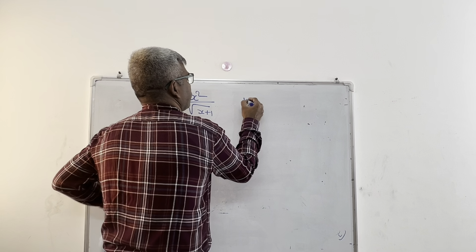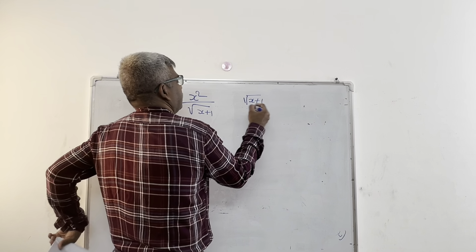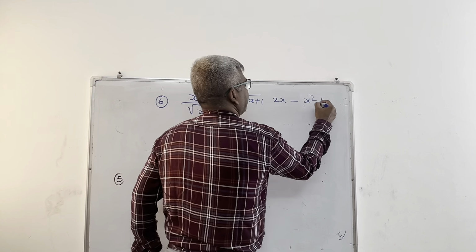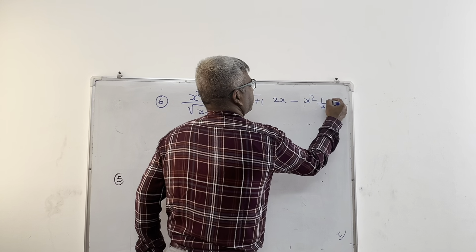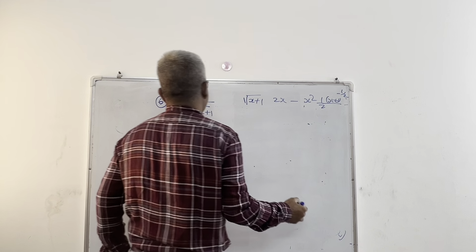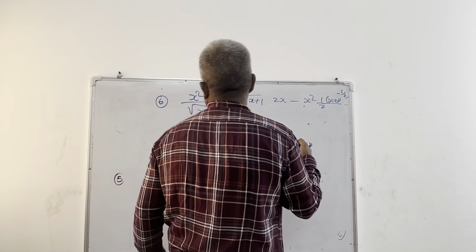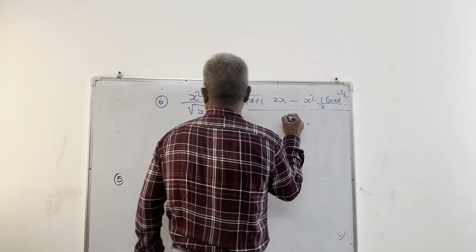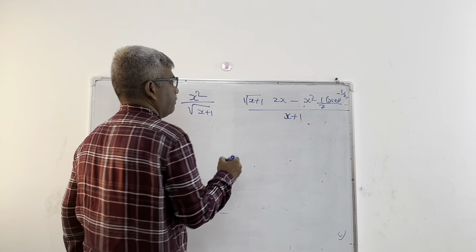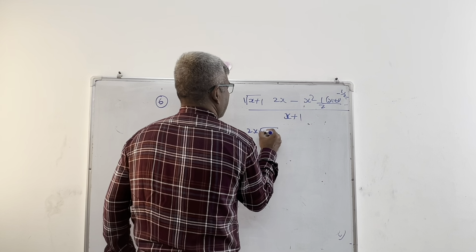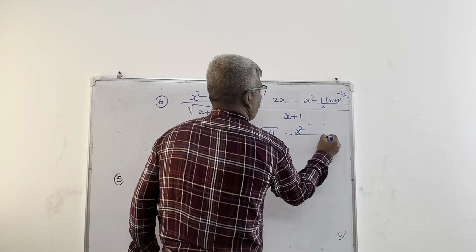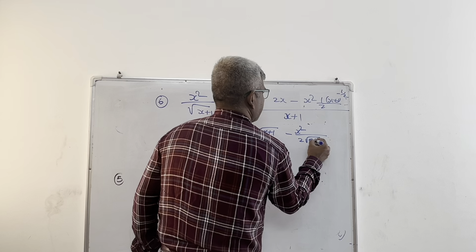Square root of x plus 1 is kept as it is. u dash is 2x, minus u times v dash. v dash is half of (x plus 1) to the power of minus half, that is 1 over 2 square root of x plus 1. So 2x square root of x plus 1 minus x squared over 2 square root of x plus 1.